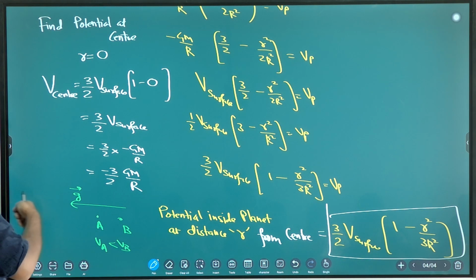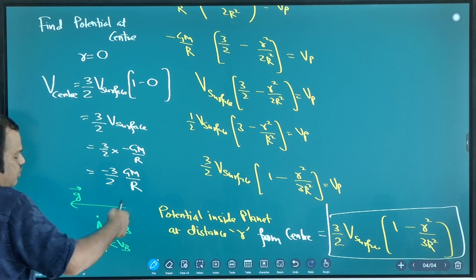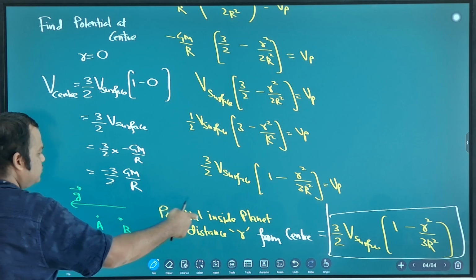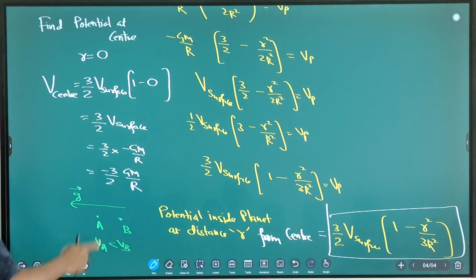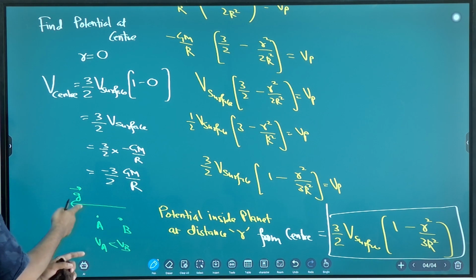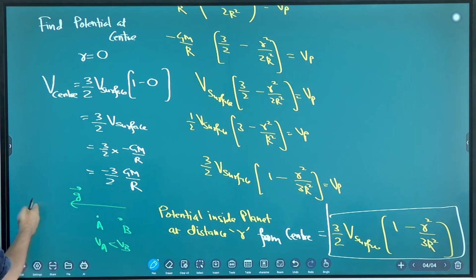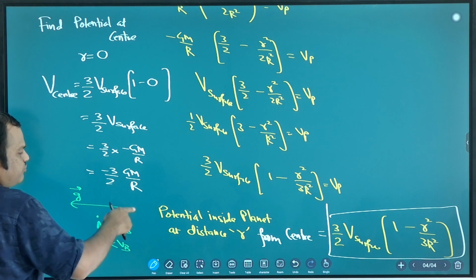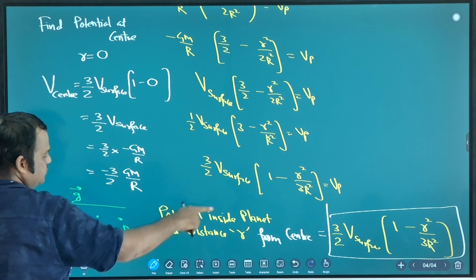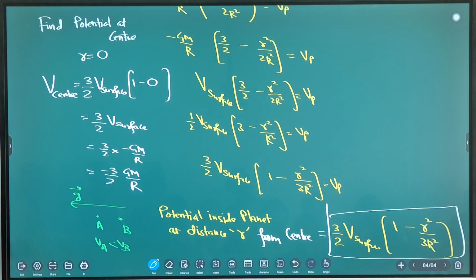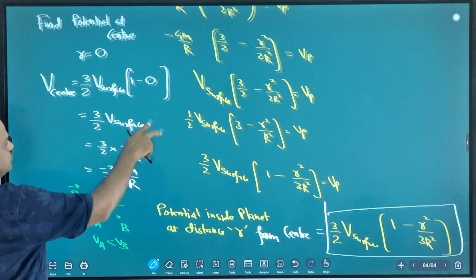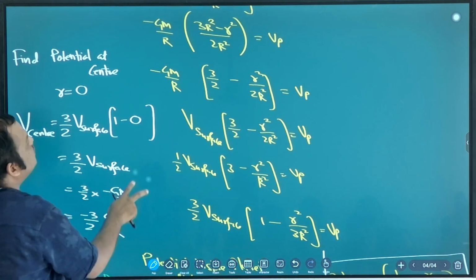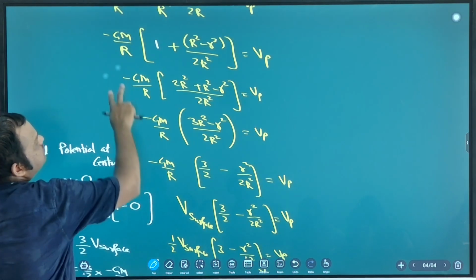If you are going like this, you are moving from low potential to high potential. If you move along field, potential is decreasing. If you move opposite to field, potential is increasing. Just memorize this. So just remember these points.